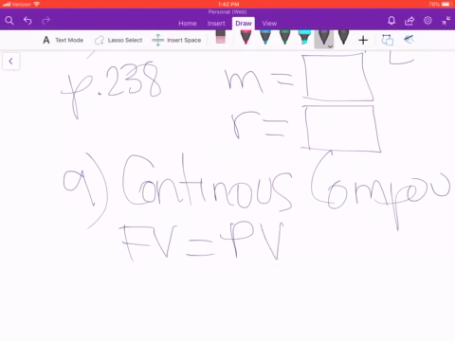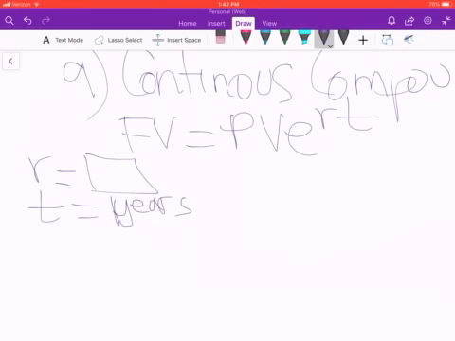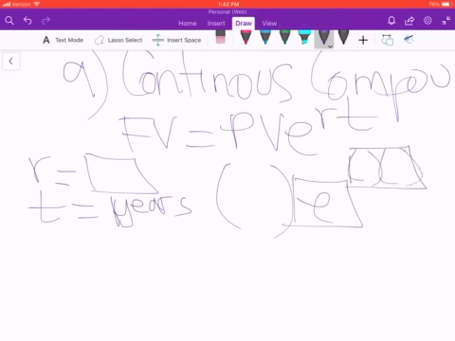So you will need to know the present value, the rate, and the time. So for the rate, make sure you convert that into a decimal. The time, it needs to be in years. And make sure you know how to enter it on the calculator. As long as you press the key for E, and here you will have to multiply the rate times the time.